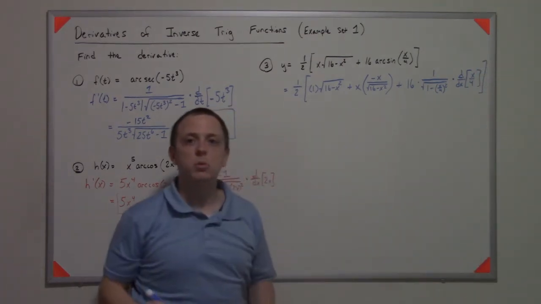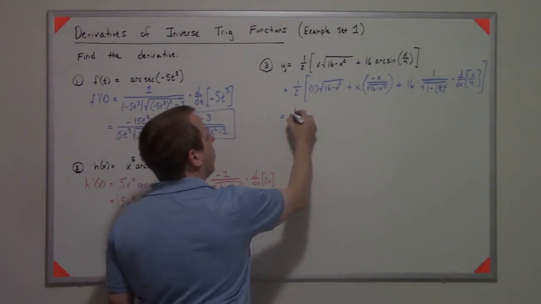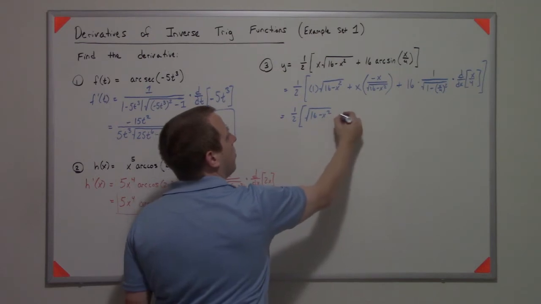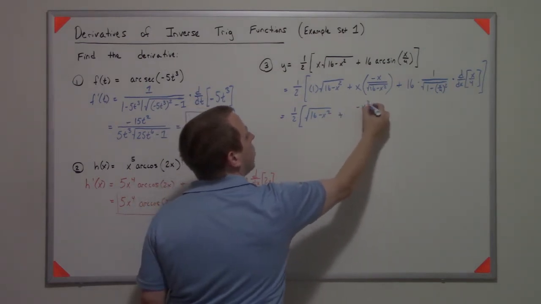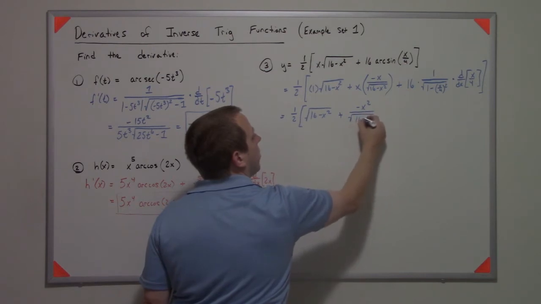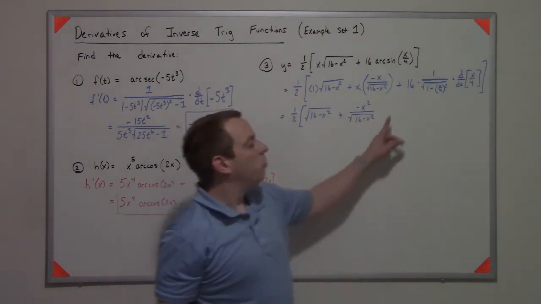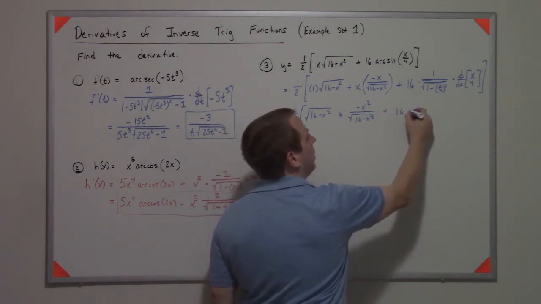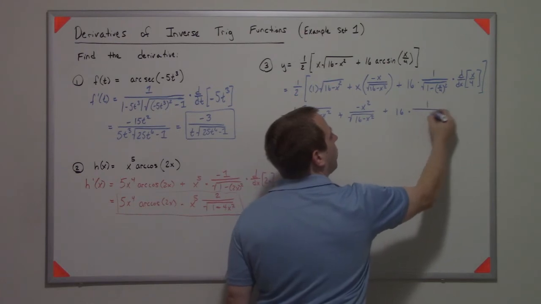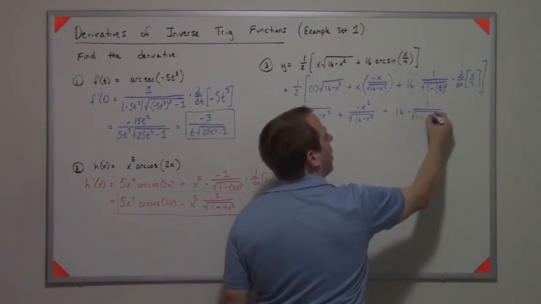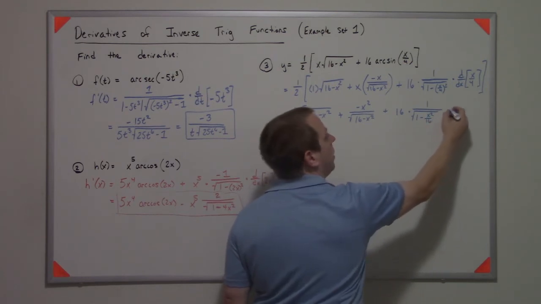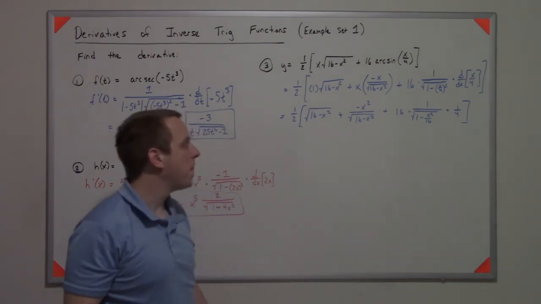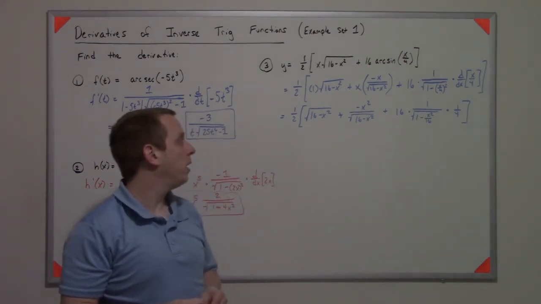Okay, so let's do some simplification here. We get 1 times the square root of 16 minus x squared, plus negative x squared over the square root of 16 minus x squared, plus 16 times 1 over the square root of 1 minus x squared over 16 times 1/4. Okay. So we still got a few things we can do.